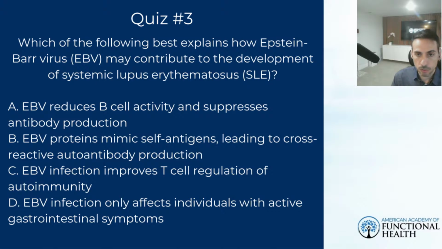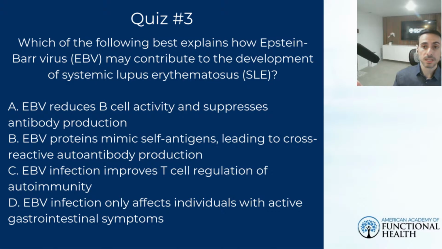Option B, Epstein-Barr virus proteins mimic self-antigens, leading to cross-reactive autoantibody production. Option C, Epstein-Barr virus infection improves T-cell regulation of autoimmunity. And D, Epstein-Barr virus infection only affects individuals with active gastrointestinal symptoms.